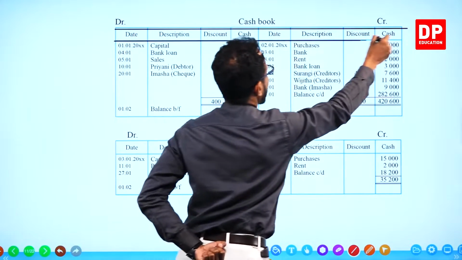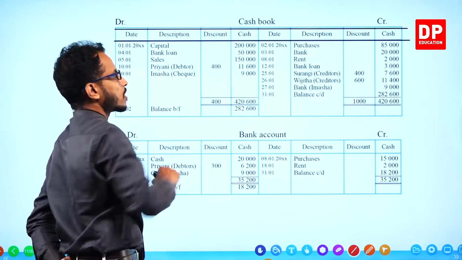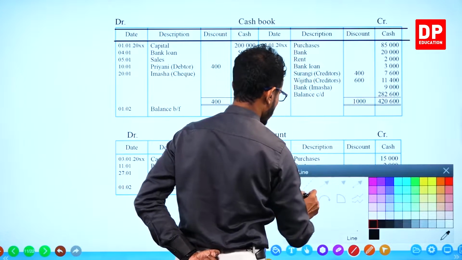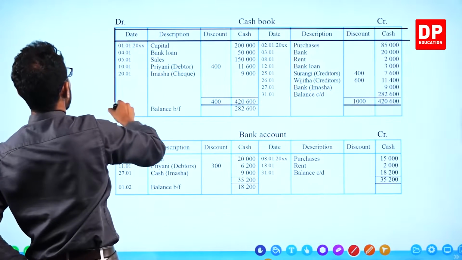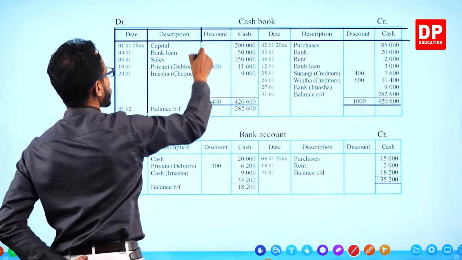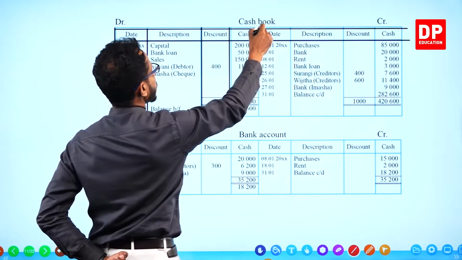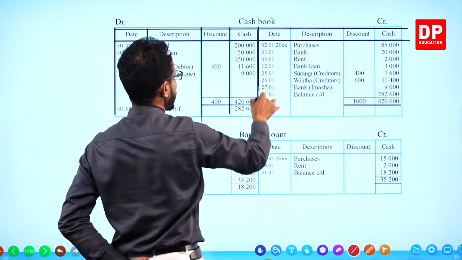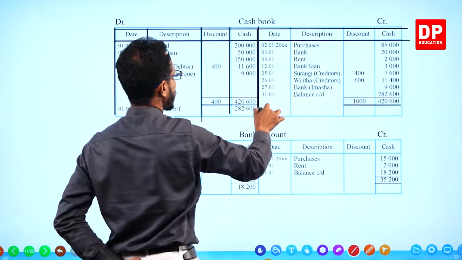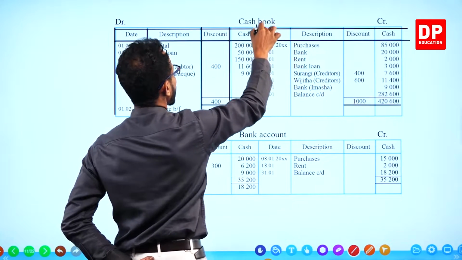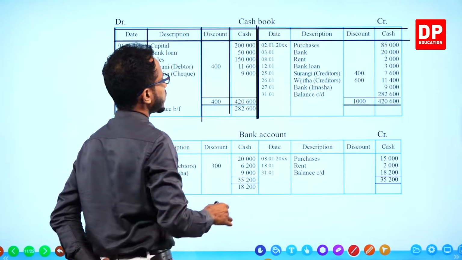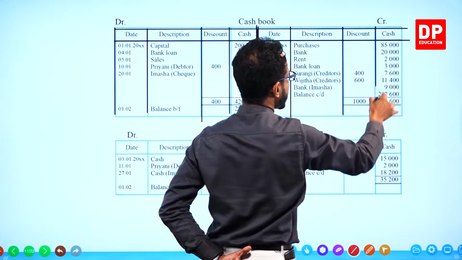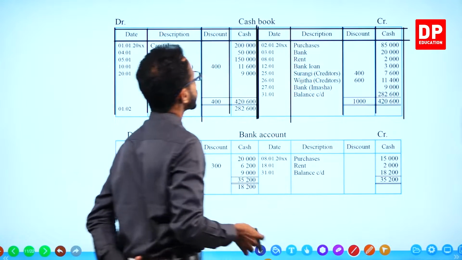The cash book is drawn with discount columns: date column, description column, discount column, and cash column. This is the center line. Then again, date column, description column, discount, and cash.